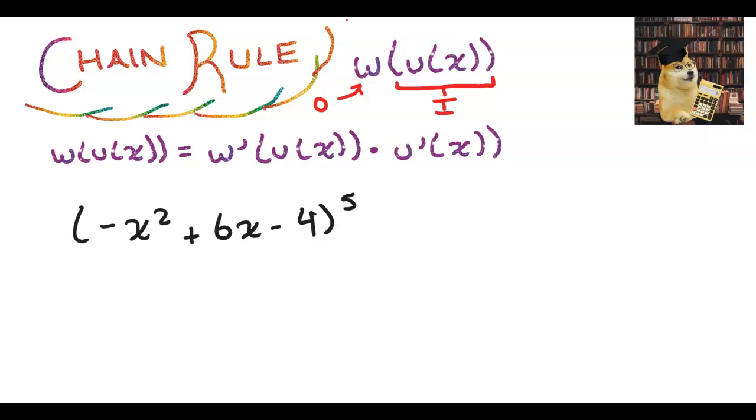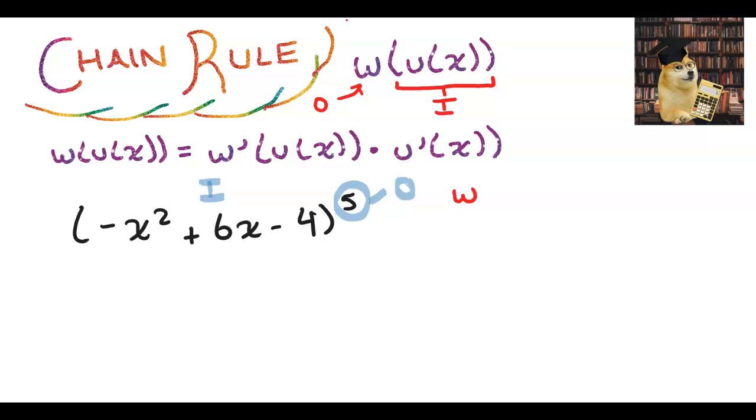In this case, our inner is the parenthesis, and here is our outer function. So what is it going to be? Our w is going to be x to the fifth power, exactly, because it's an exponent, not just the 5, because if we put the 5 we are forgetting that it is an exponent.